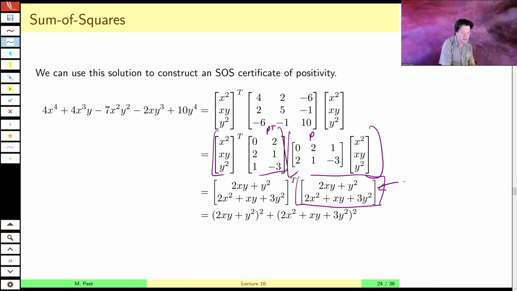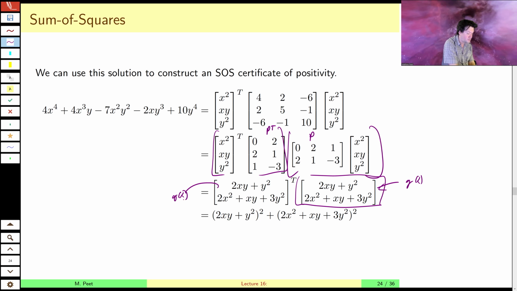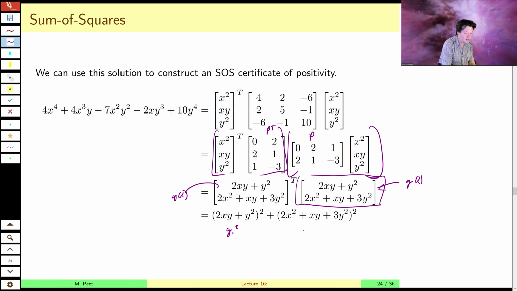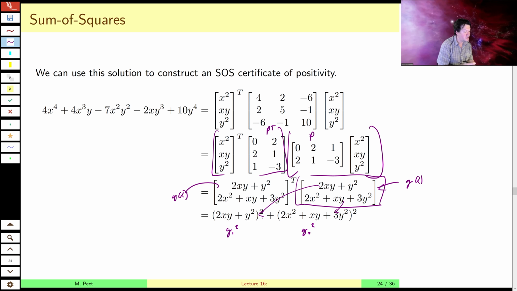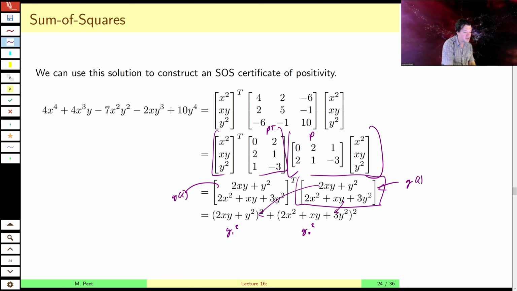That's G. And then this is G1 squared, and this is G2 squared. So a sum of squares representation derived using a positive matrix.